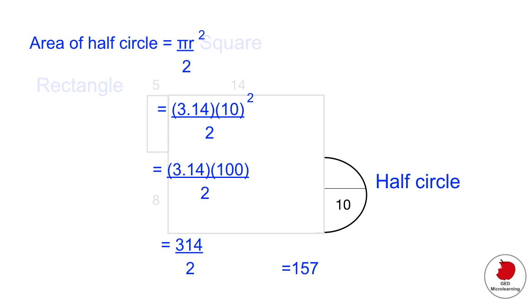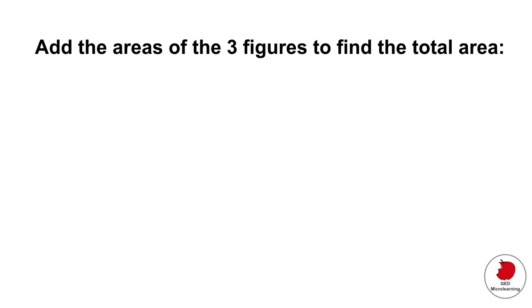Okay, so if you go ahead and solve for that, you end up with 157. All right, so now you've got the areas of those three figures, and what you want to do now to find the total area is simply add these three areas together. Okay, so 196 plus 30 plus 157 gives you 383 square feet.